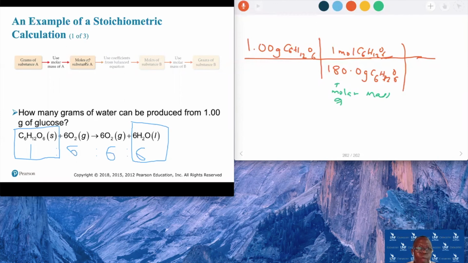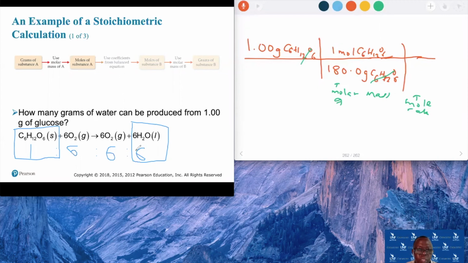And then the mole ratio. You need to know which one. Since I want to cancel out moles of glucose, the moles of glucose will be at the bottom.